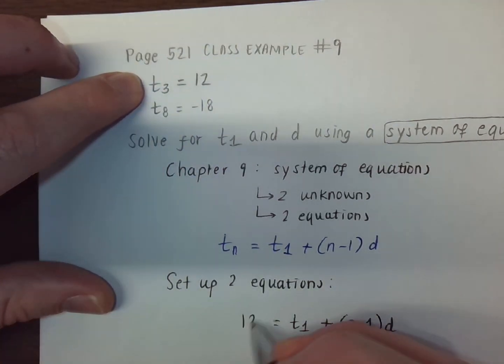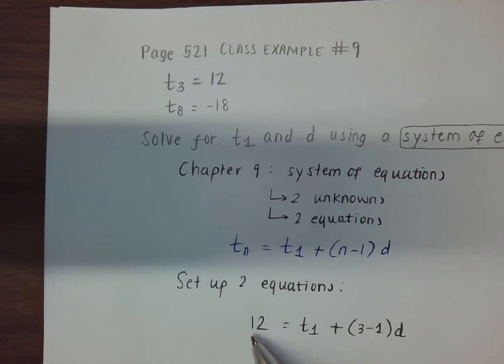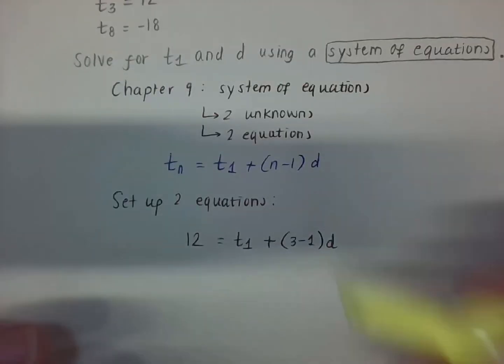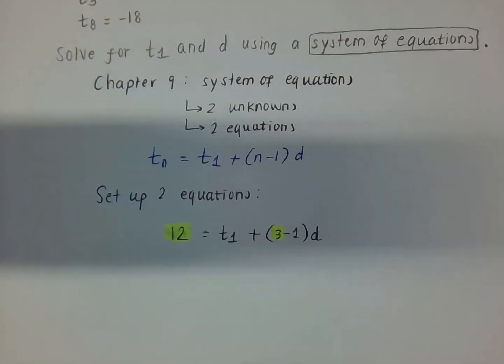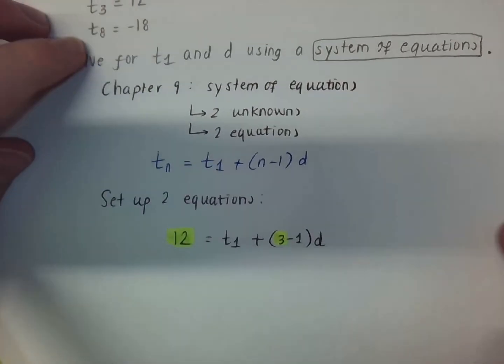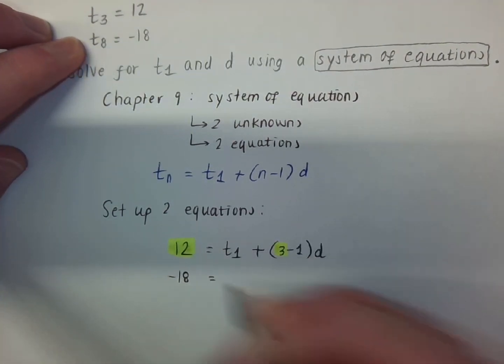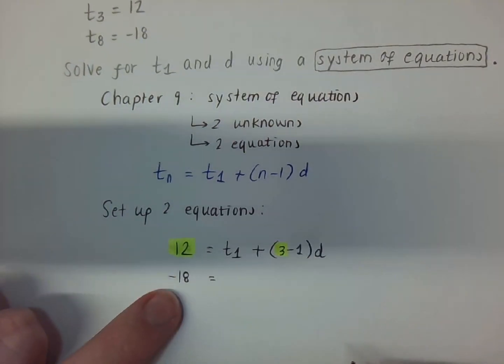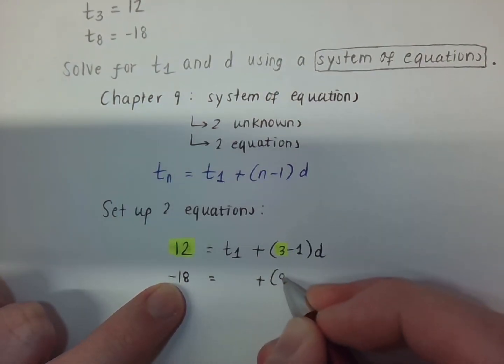T3 is 12. So when n is 3, Tn is 12. And similarly, the term that is negative 18 is the 8th term.